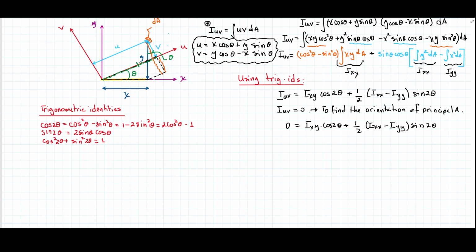For example, I can move this one to this part and then put anything on the bottom. So this is going to be equal to what? You can try that, the tangent of 2 times the angle. It's going to be equal to this one here, the product second moment of area, divided by these ones here, minus here because of the change I did.